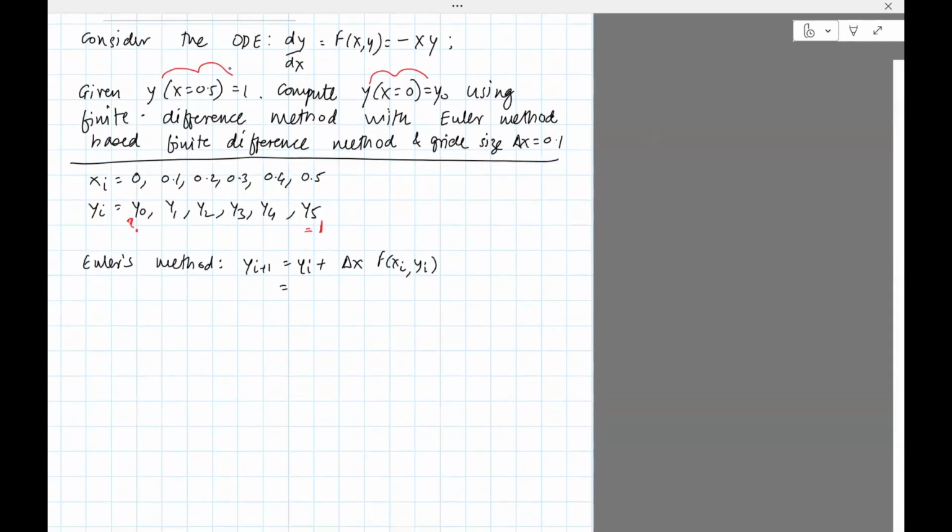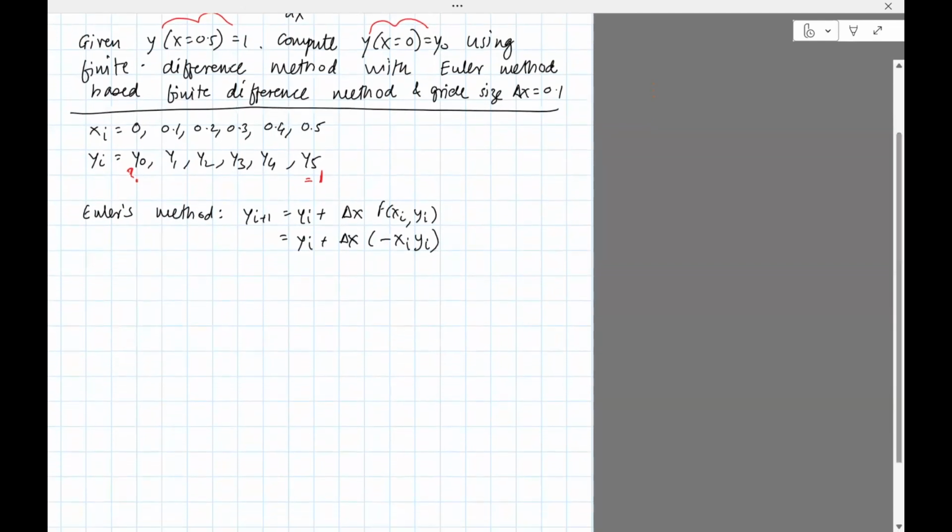In this particular case, f of x, y is minus xi yi. So this is 1 minus xi delta x yi.